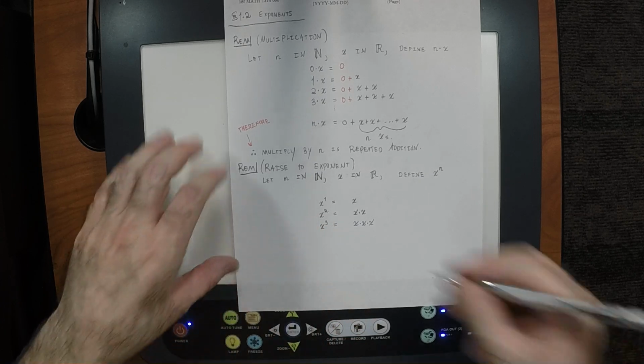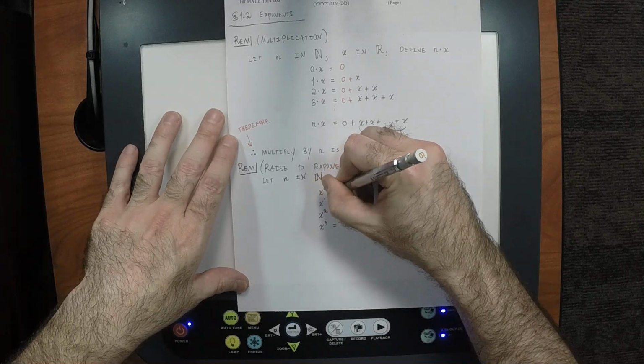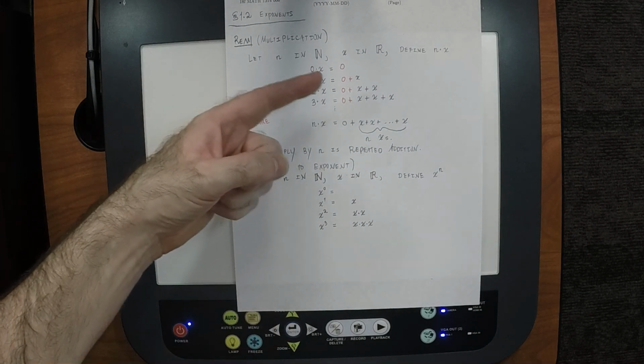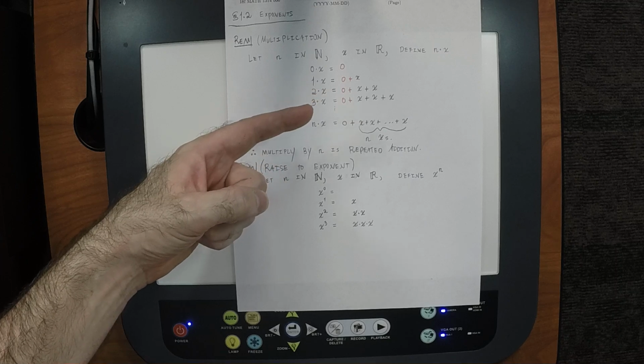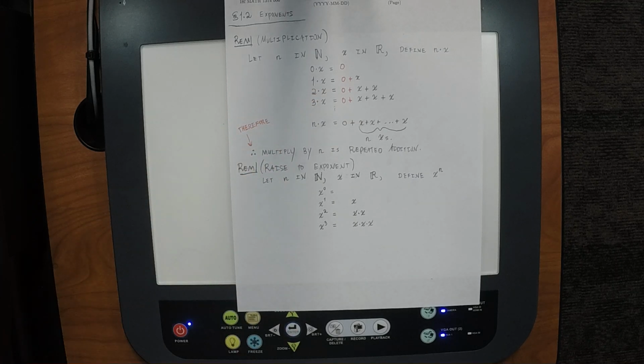0. So then the question is, what about x to 0? 1? Wait a second. I thought we said we were going to use 0. So you're telling me that there should be a 1 there? That's crazy talk.